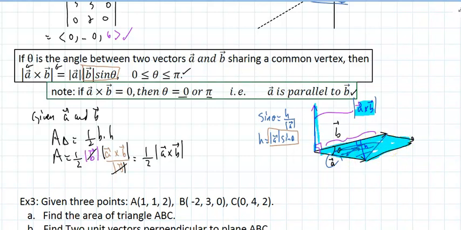And hence, every time you want to find the area of the triangle, it's 1/2 the cross product.